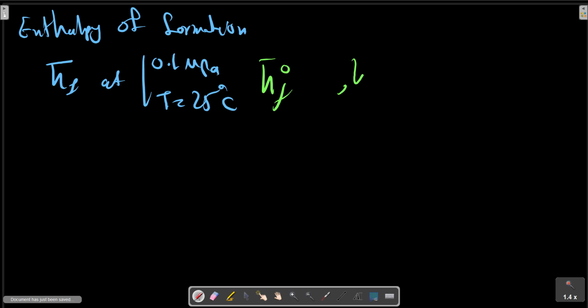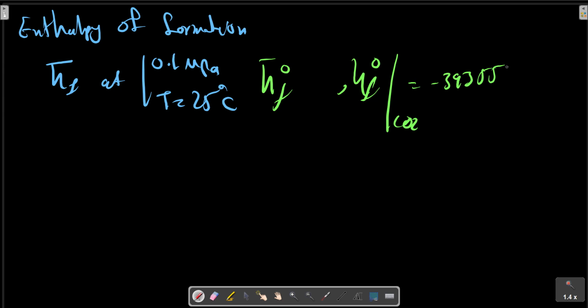For carbon dioxide it is calculated and is given per mole.